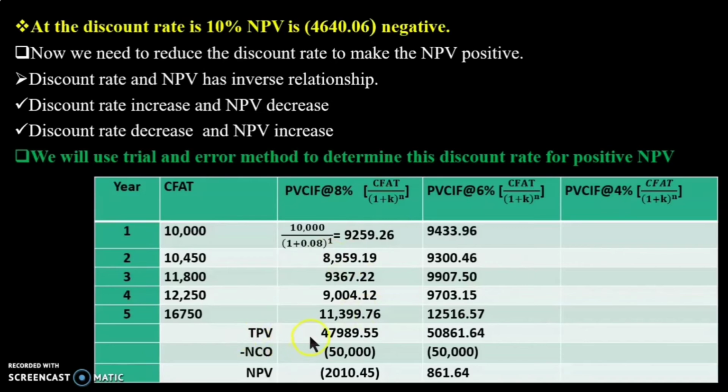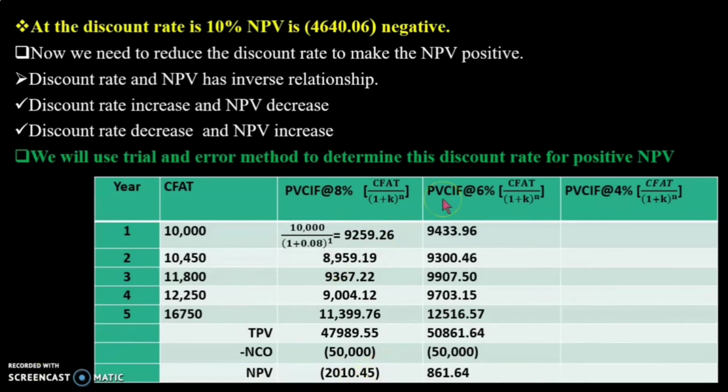Now total present value using 8% discounting factor is taka 47,989.55. And now we less the NCO value 50,000 and we will get NPV negative 2,010.45.